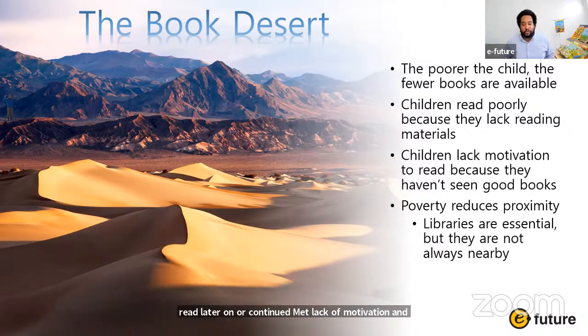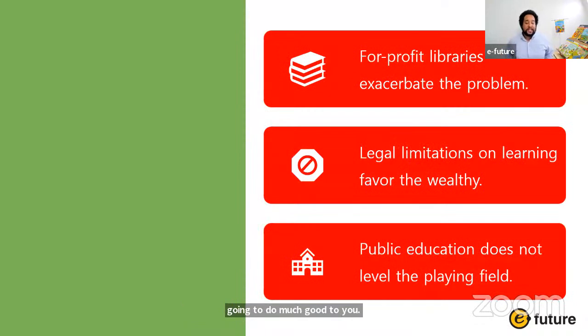And to put this in broad terms, it's that poverty reduces proximity. So libraries are essential, but if you don't have access to the libraries, they're not going to do much good to you. This is also exacerbated by a couple of other institutional problems that we have and we can observe. In Korea, especially, there has been a rise in something like a for-profit library.